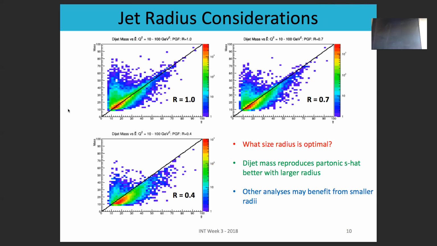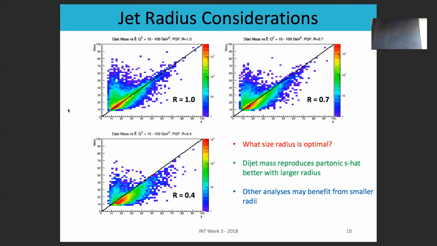You're capturing more of the information. You're reproducing more faithfully your partonic quantities. Other analyses may be different. If you're doing a substructure analysis, maybe there are other considerations that come in. You want to use a smaller radius.